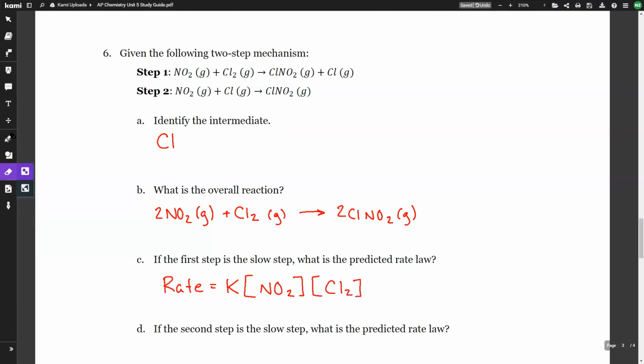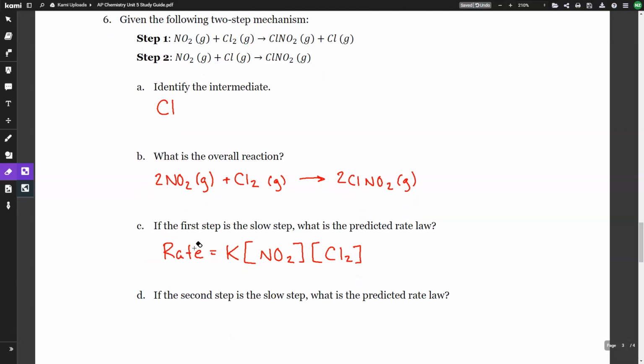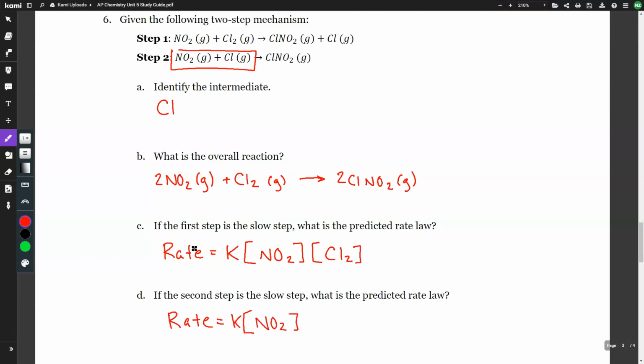The second thing it asks us to do is if the second step is the slow step, what is the predicted rate law? So we're just looking at these 2 pieces right here. The rate law for the second step is going to be very similar. Rate equals K. We have NO2. And then instead of Cl2, it's going to be just Cl.